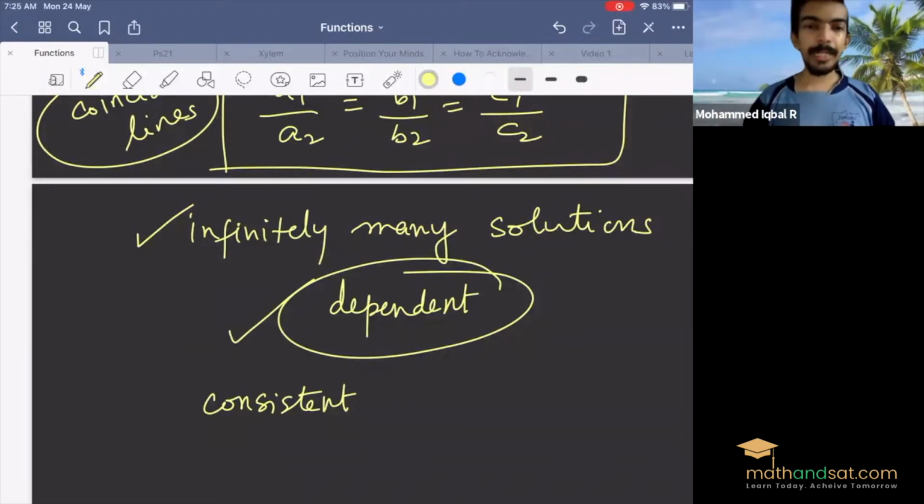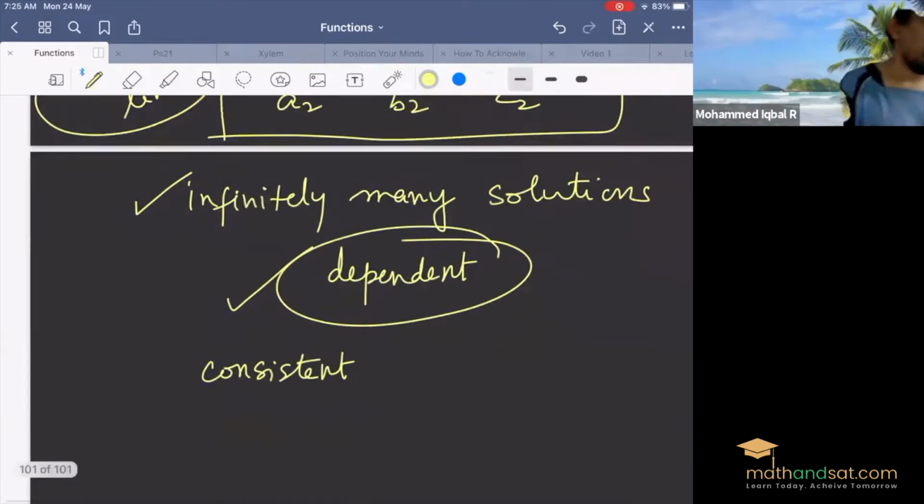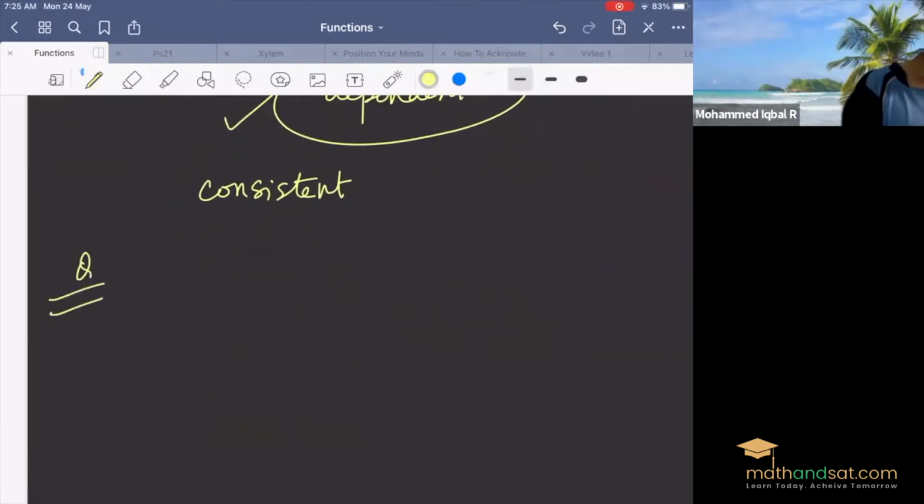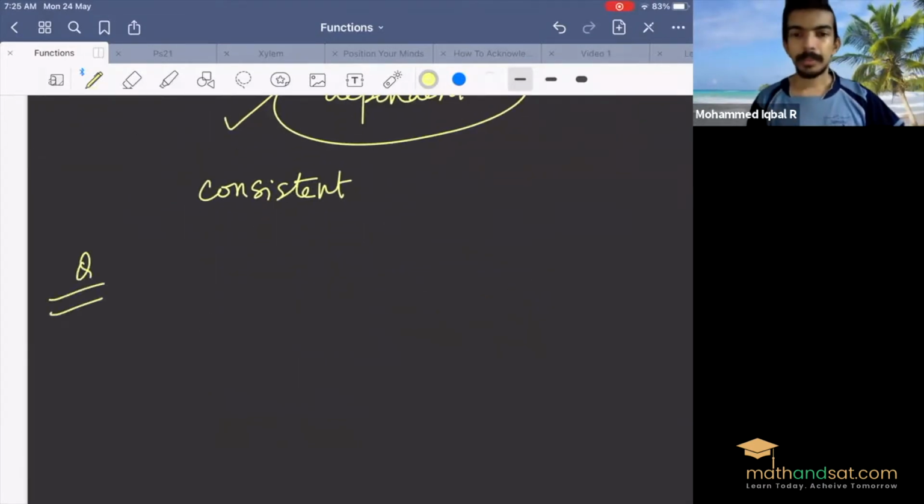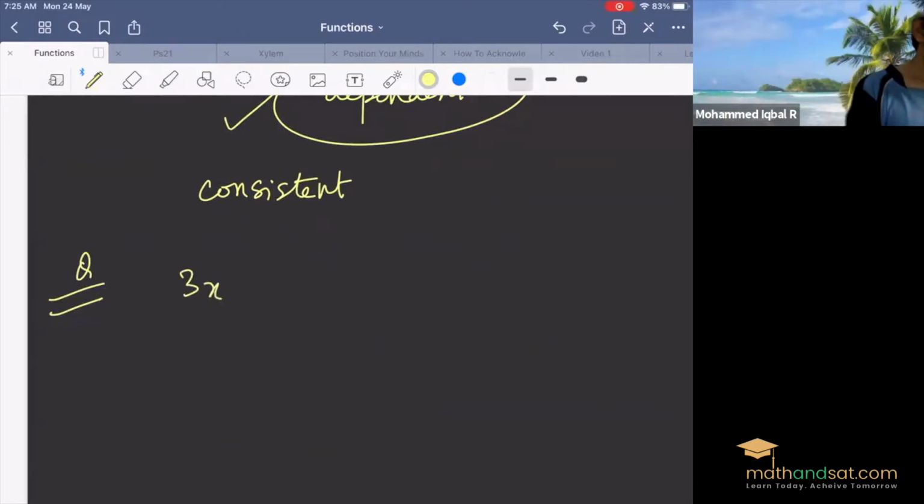Now let's quickly do one question. 3x plus 2ky is equal to 2.